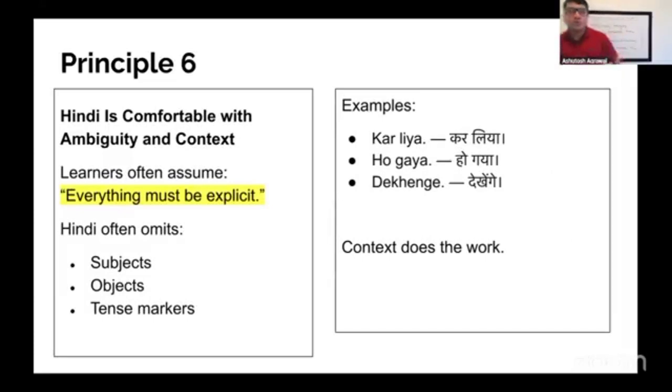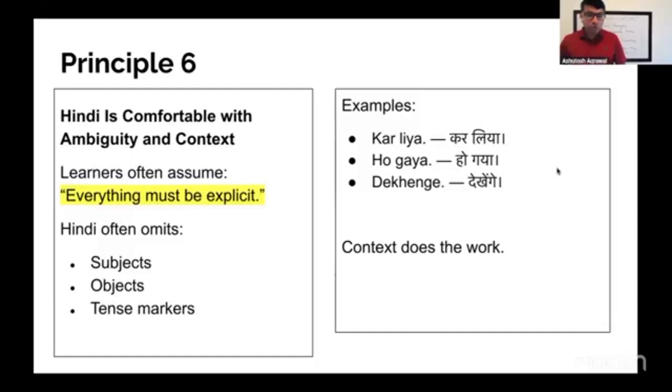The next one is that Hindi is comfortable with ambiguity. On a day-to-day basis, Hindi speakers use a lot of compound verbs, and we'll learn about compound verbs, where two verbs do the magic together.